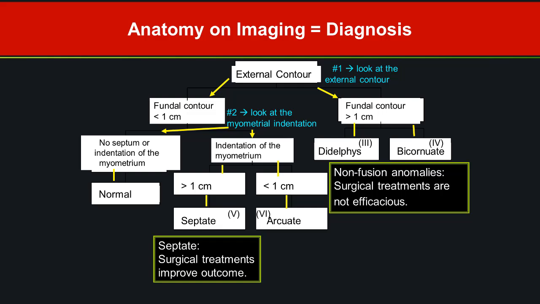The most important is the external contour. If the external contour shows any fundal indentation, measure how deep it is. If it is more than 1 centimeter, it could be diadelphous or bicornuate. If it is less than 1 centimeter and if there is no internal fundal indentation, then it is a normal uterus. If the internal indentation is more than 1 centimeter, it is septate. If it is less than 1 centimeter, it is arcuate.